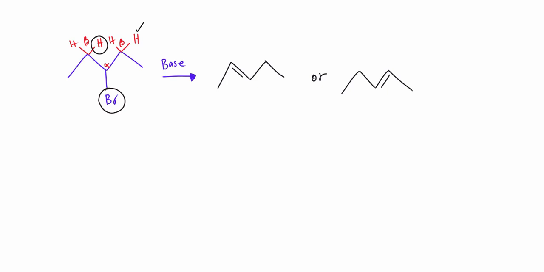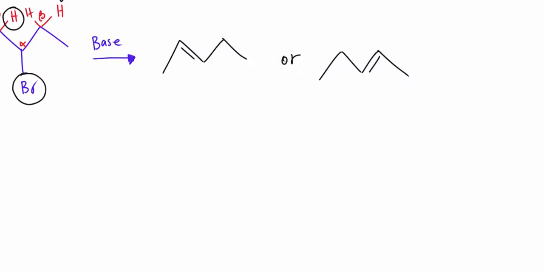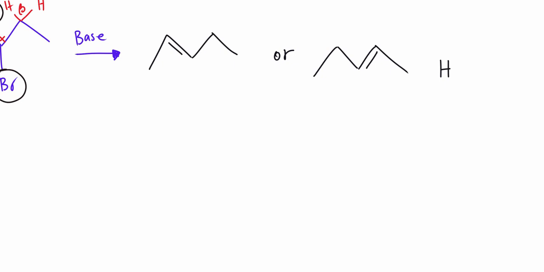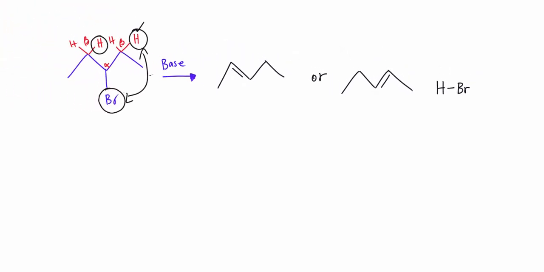So we're actually eliminating one of the hydrogens and the halogen. So this is where your HBr portion would come from, right here. So this is our major product.